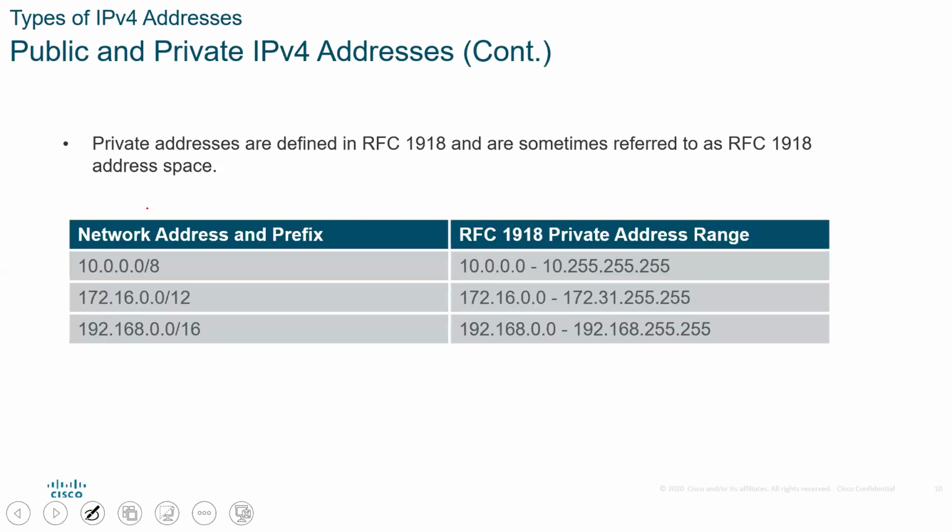Now, how do you know the difference between these private IP addresses and public IP addresses? Remember that we said that an IP address has 4 octets, okay? And in each octet, there are 8 bits in binary. Now, in binary, you have either 0 or 1.